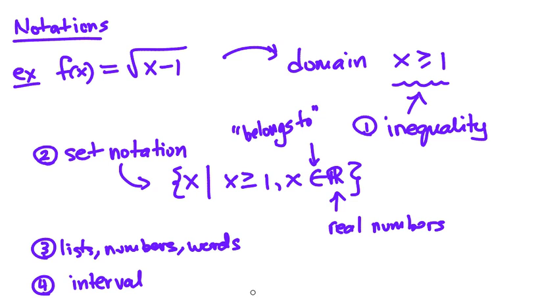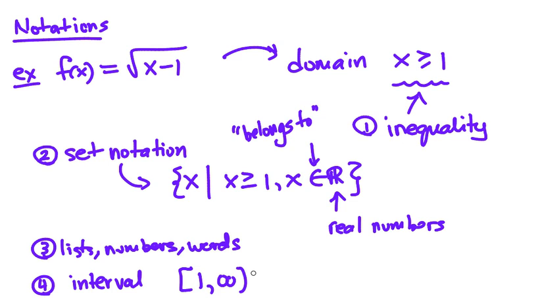And interval notation takes x greater than or equal to 1 and it makes it look like from 1 up to infinity. And the square brackets means it includes, and the soft brackets means it does not include. You can never include infinity or negative infinity, and these interval notations always start with the lowest number and go to the highest number. We'll see some more examples of it as we go along.